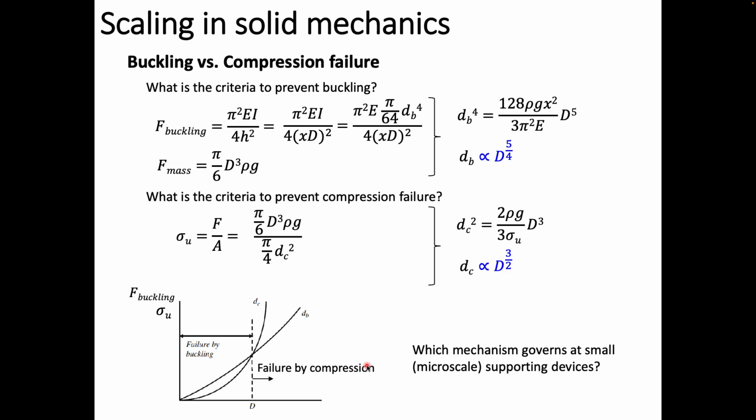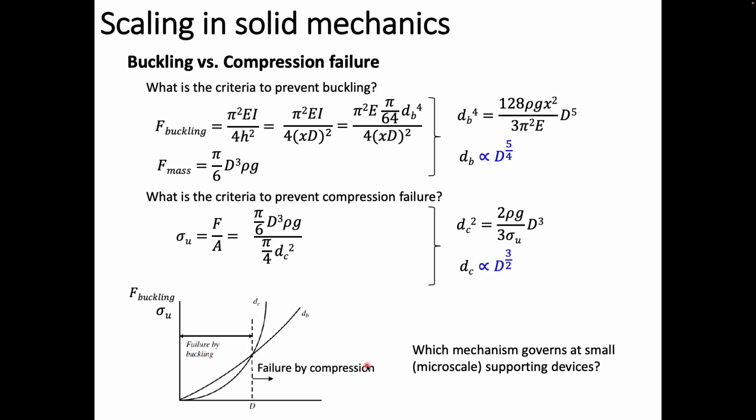So if you're dealing with a very small scale object, people often ignore compression failure. They always focus on buckling because, as you see from this tendency, buckling failure is going to happen first.